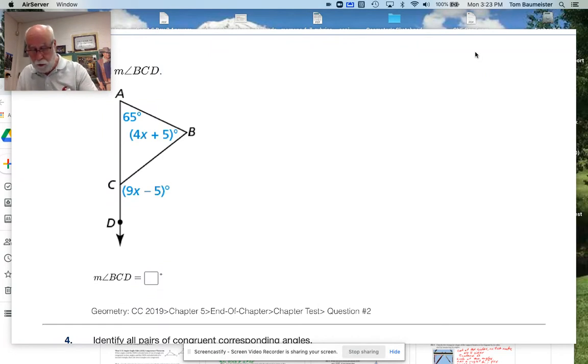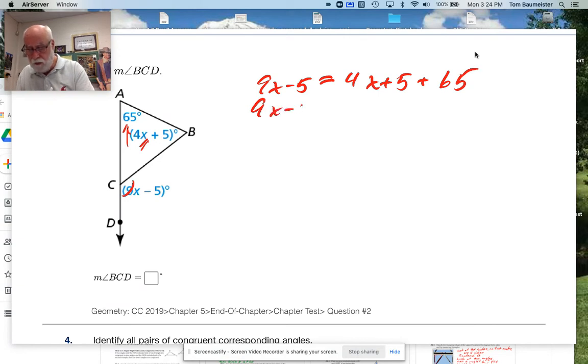So again, on this one, 9x minus 5 is equal to the sum of those two there. So it'll be 4x plus 5 plus 65, or 9x minus 5 is equal to 4x plus 70.